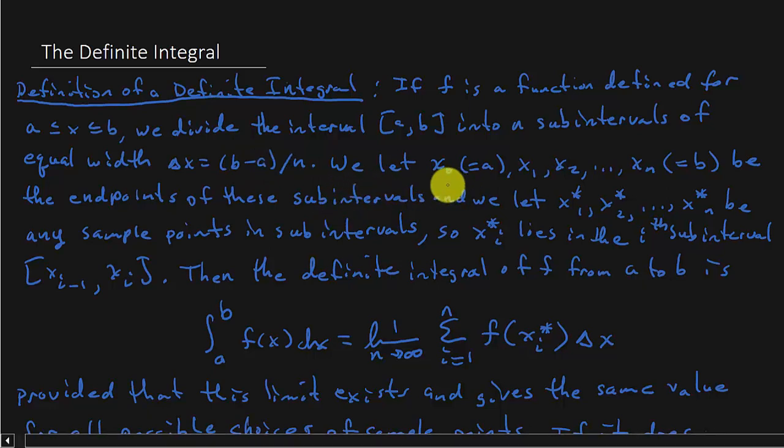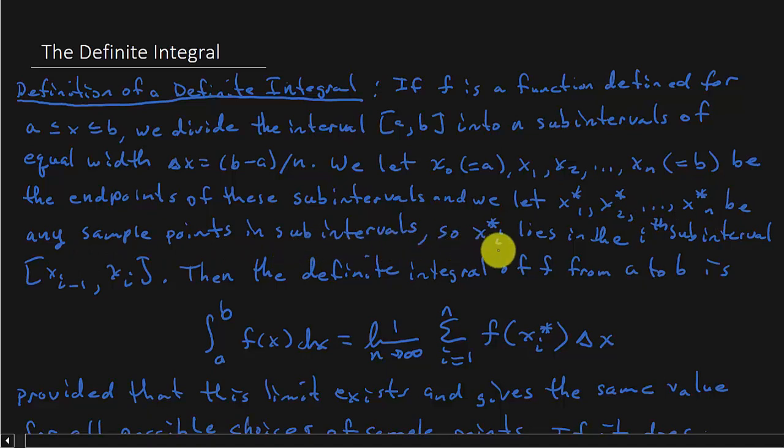We let x naught, which is a, x1, x2, all the way to xn, which is b, be the endpoints of these subintervals, and we let x star sub 1 all the way to x star sub n be any sample points in the subintervals.